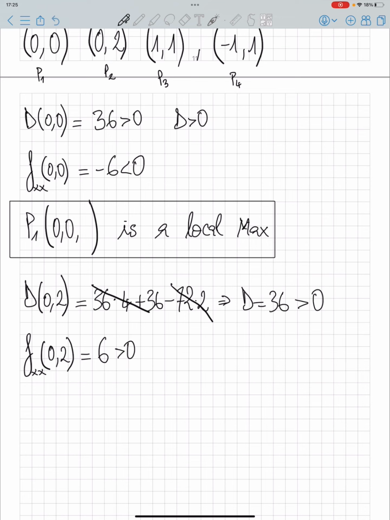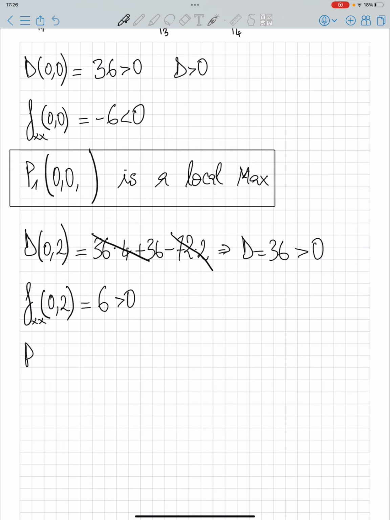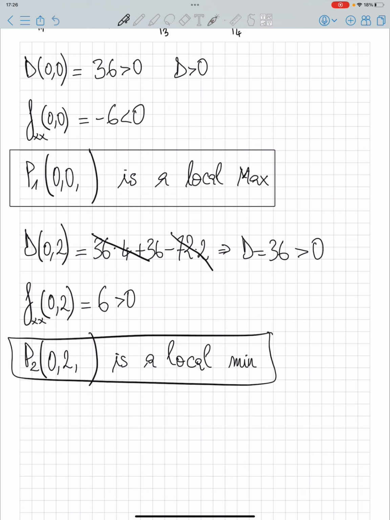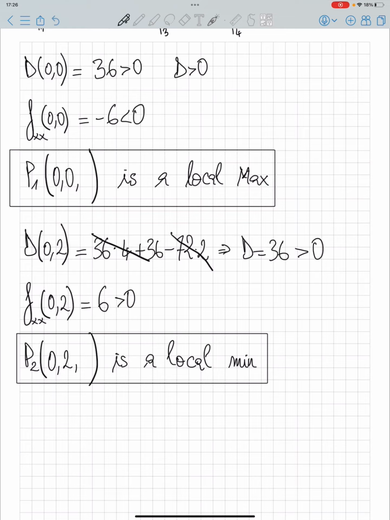So we say that our point P2, which is 0, 2, is a local minimum, right? The second point is a local minimum.